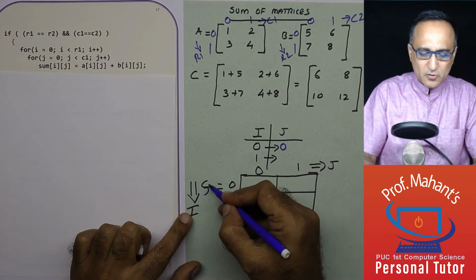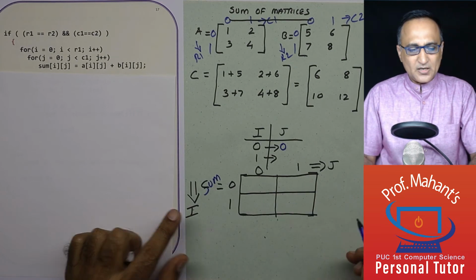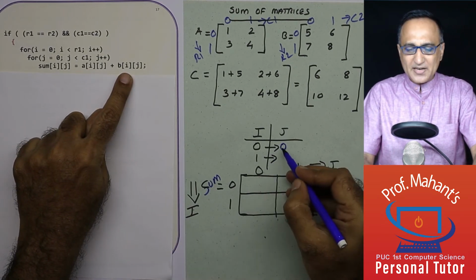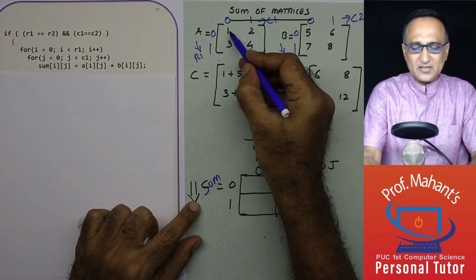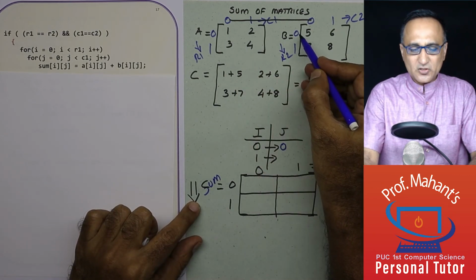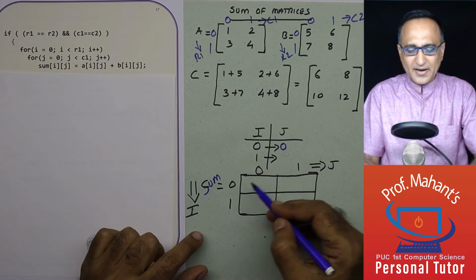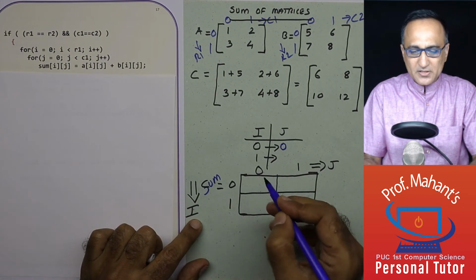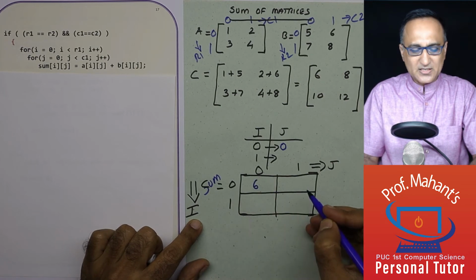In place of C, I am using the array sum. Since it is A of ij plus B of ij, and both i and j are 0, I am adding this plus this. The result is going to be stored in sum of 0, 0. So 1 plus 5, 6 comes here.